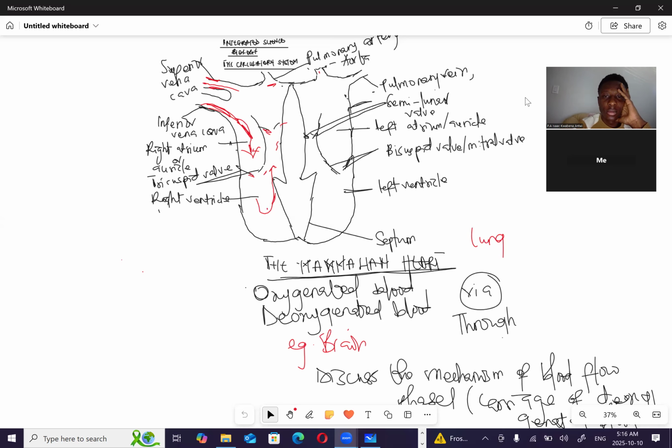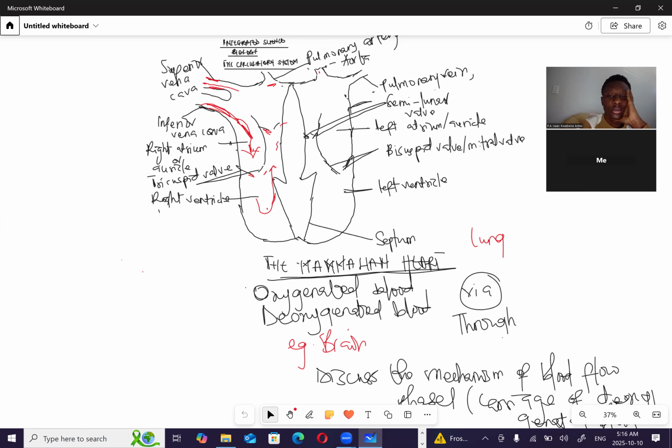Carries from the body into the right artery. Your sentence is not complete. Start again. Deoxygenated blood comes from the body into the right artery through the vena cava. That's not what you said earlier. Start again.